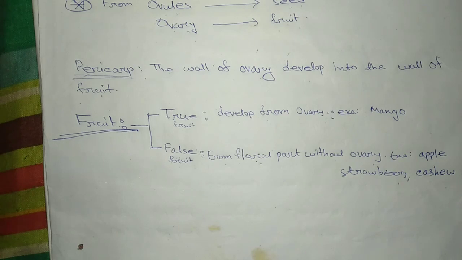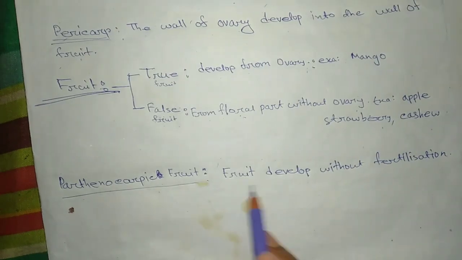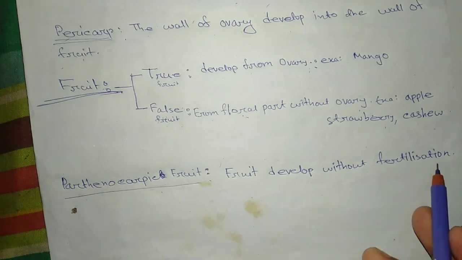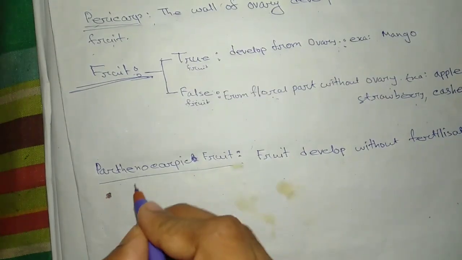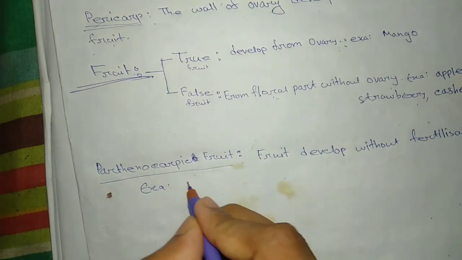But if fruit is formed without fertilization, this is known as parthenocarpic fruit. Okay, fruit developed without fertilization is known as parthenocarpic fruit. Example, banana.